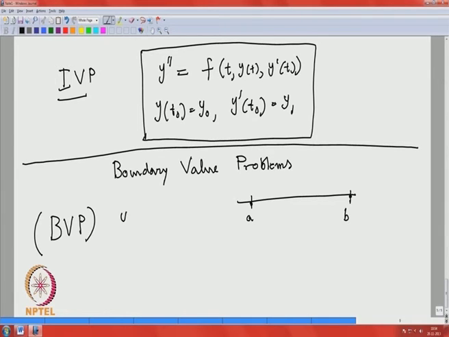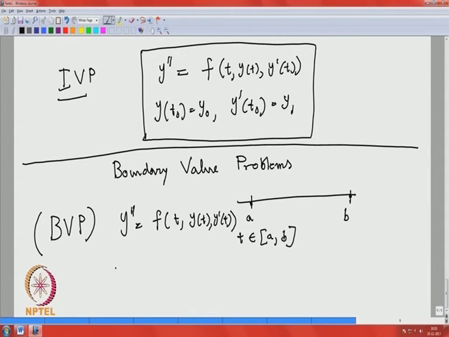So, typically a boundary value problem may look like f of t, y of t, y prime of t, and this is for t in a b. So, it is a prescribed interval, and you can have a very general boundary value problem.